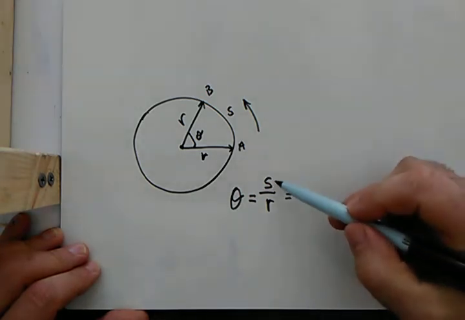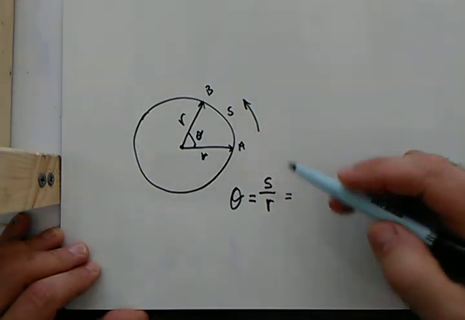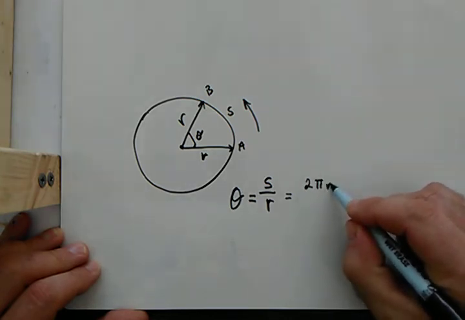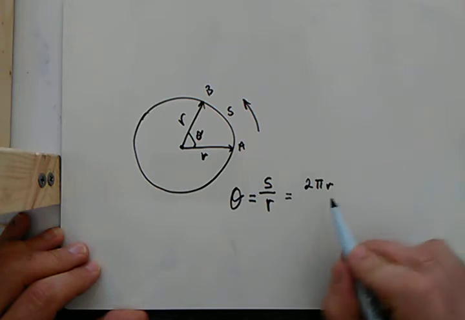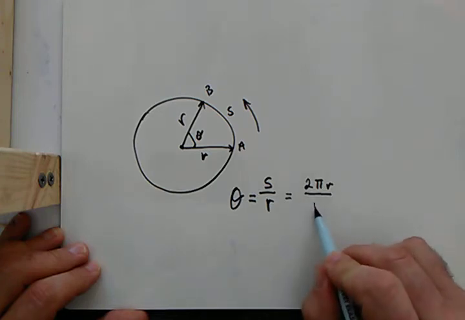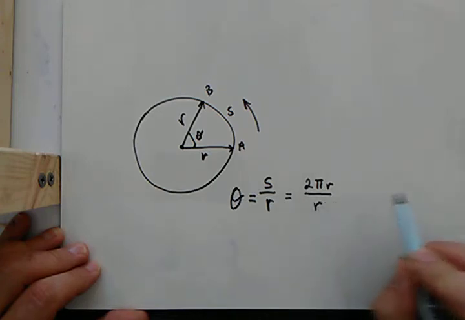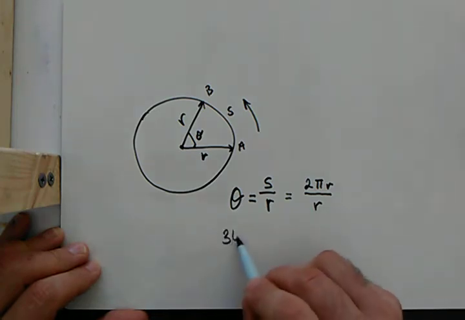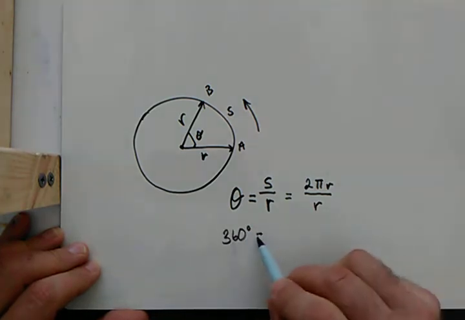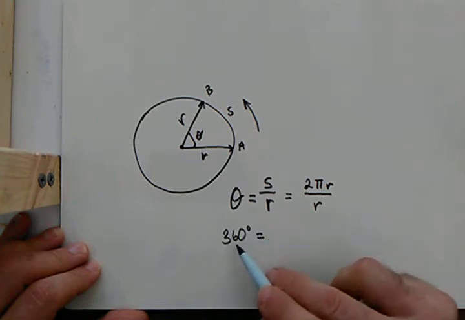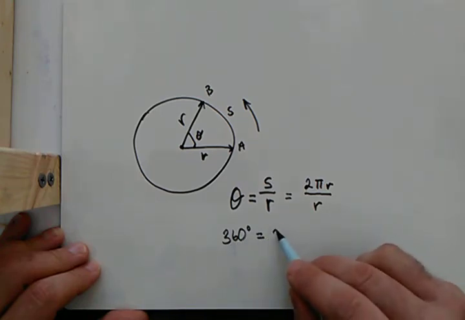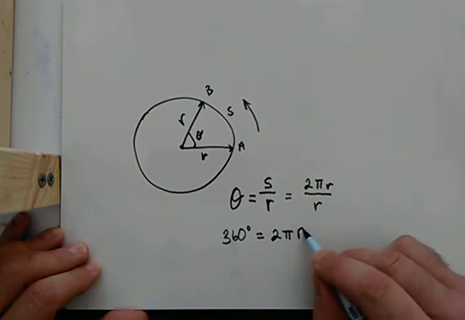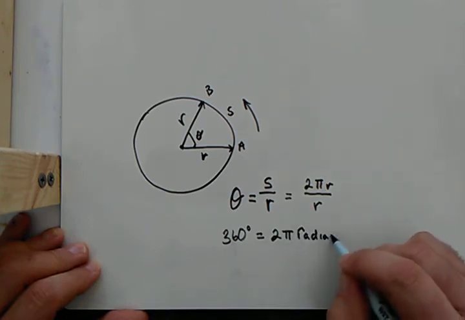Okay, so S can be expressed a little bit differently. We can call this 2 pi r, and then this is over r. And if we take a full 360 degrees, we can say that a full 360 degrees is equal to 2 pi radians.